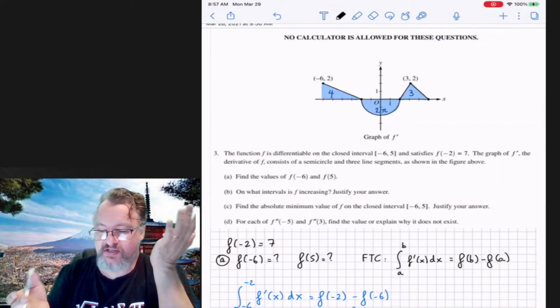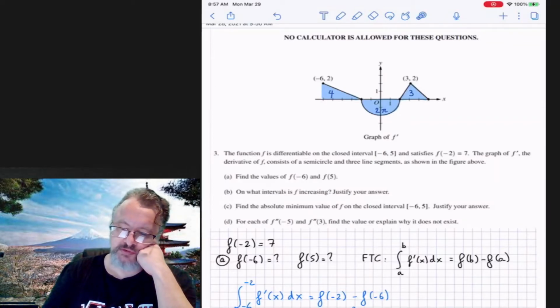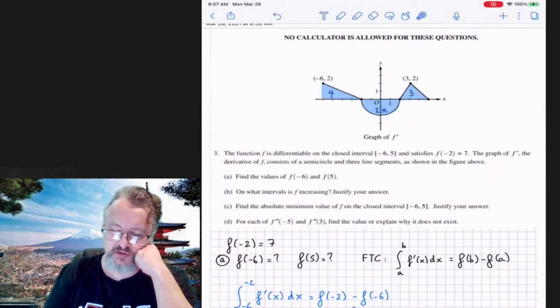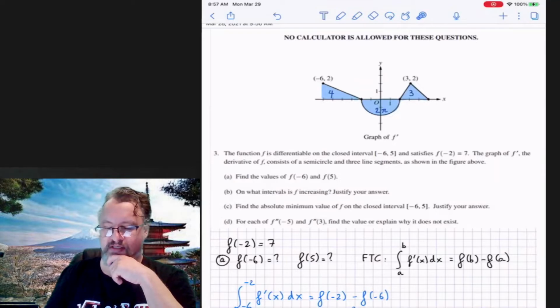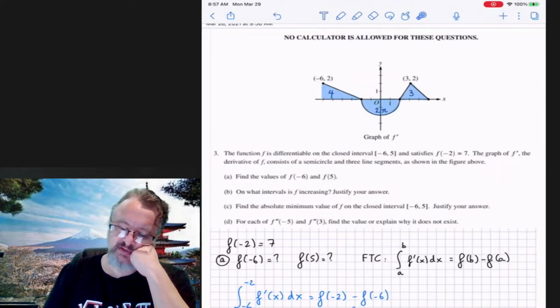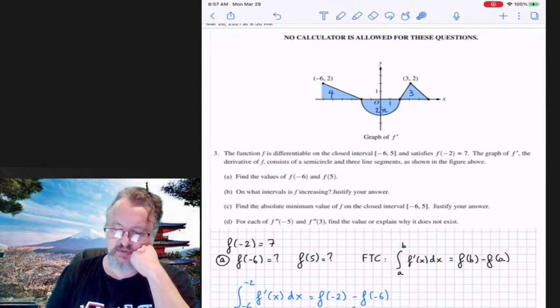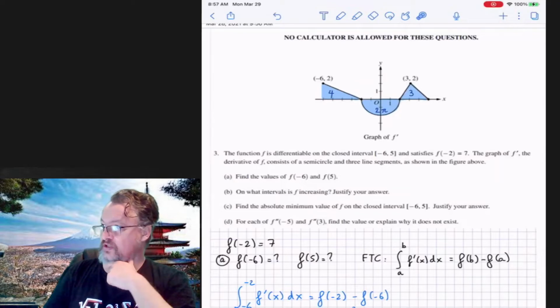For what values is f prime equal to 0? So f prime is going to be equal to 0 right here. It's going to be equal to 0 right here. And the graph doesn't have a derivative right here, and right here. Okay. So let's see what we can do with all of this.